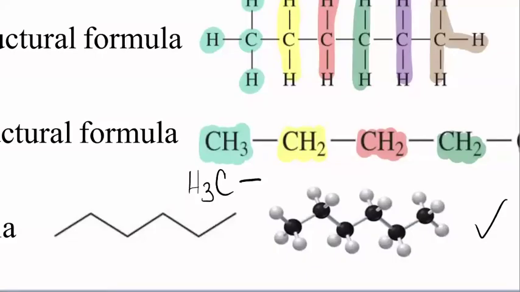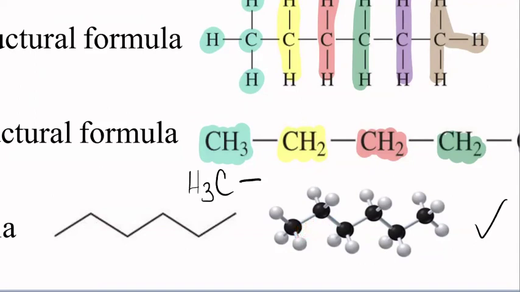In a skeletal structure, we do not illustrate carbon atoms or hydrogen atoms connected to carbon. What you see illustrated here is that this carbon atom is the start of the line structure. And then as we move up, what this represents is the 109 degree angle between these 2 carbons.